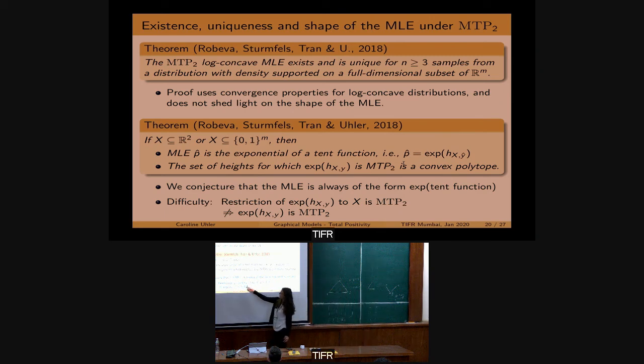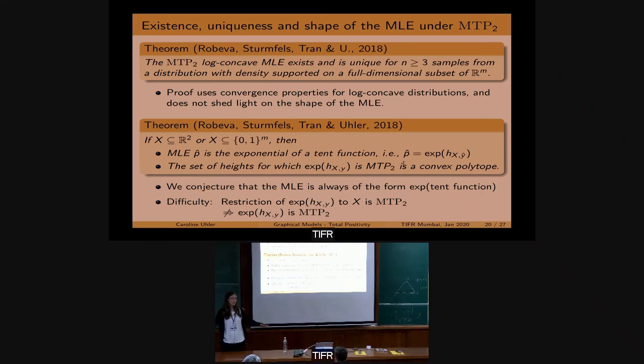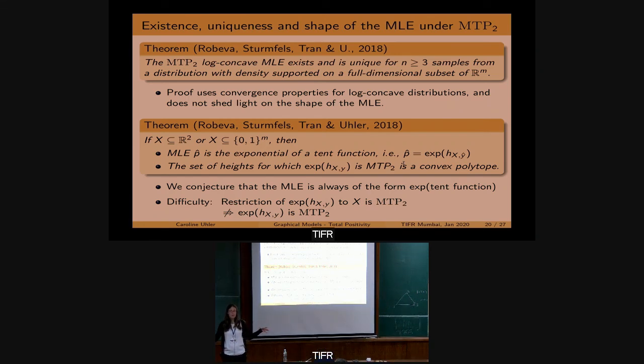There is a problem, namely for supermodularity. If you think about a supermodular tent function in R2, if I know that at the tent poles I'm supermodular, it means that the whole tent function is supermodular. Unfortunately, this is not the case in higher dimensions.